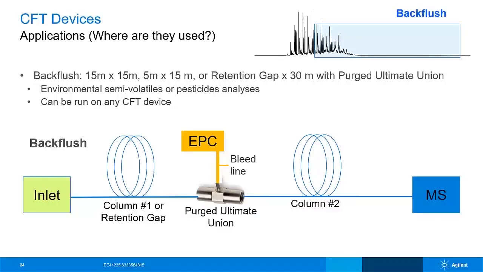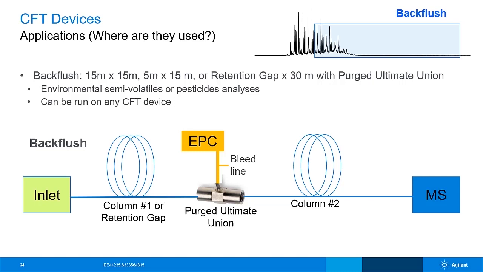Another application for CFT devices is backflush. Backflush can be used to rid the less or non-volatile matrix that migrates onto the column after the analytes of interest have eluted, which can help decrease your run times, increase throughput, and also decrease how often you have to do column trims. Backflush is applicable across many markets and can use different CFT devices such as splitters or the Purged Ultimate Union.